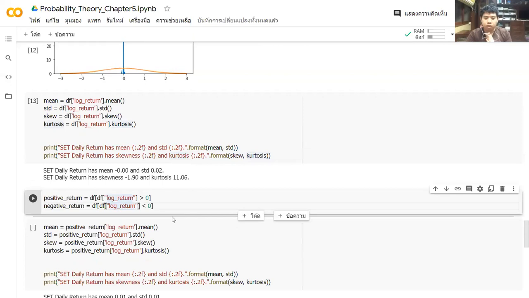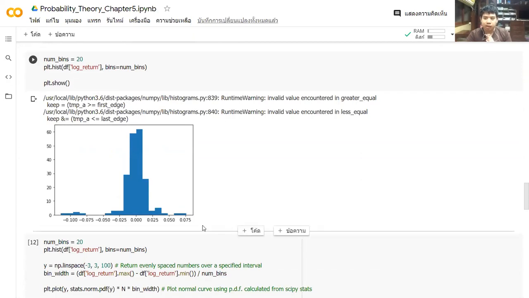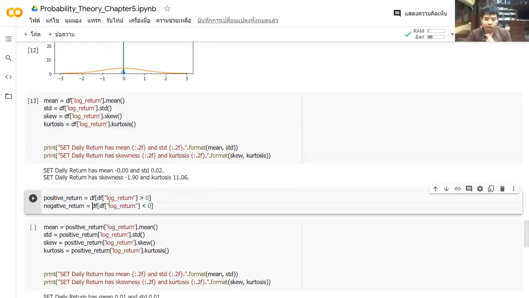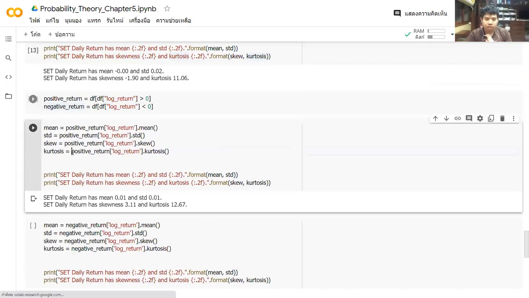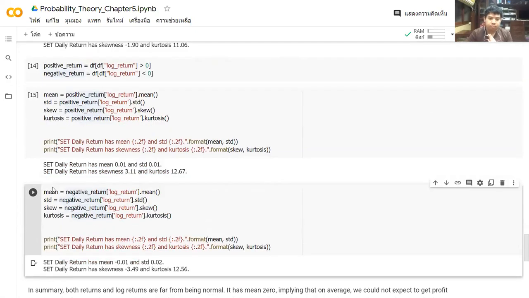Another question that we want to explore is whether there is any difference between positive and negative. Say that negative goes to minus 10%, but positive goes to only 7.5%. Let's see. We use the filtering here, generate the positive and negative return data frames, and run for the positive and the negative.